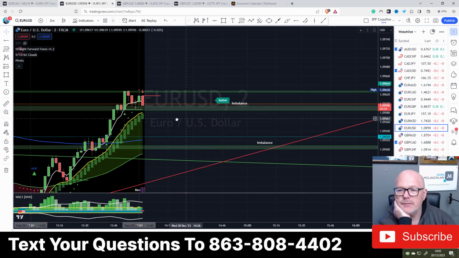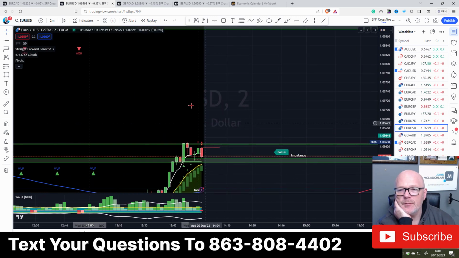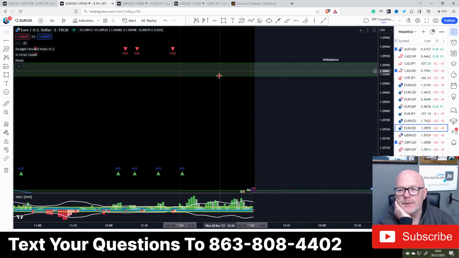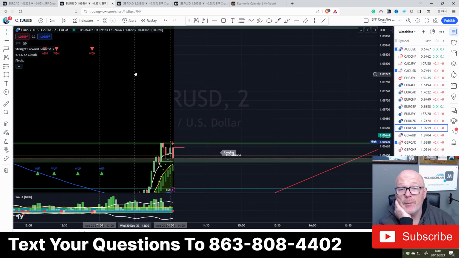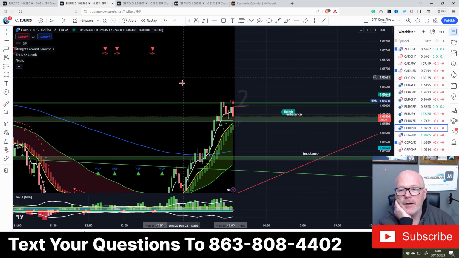Yeah, nothing. It'd be nice to see price push past this imbalance and then push to the upside. That'd be nice, because it might end up with some big moves. That may well happen when it comes to the news. It may well push in that direction.